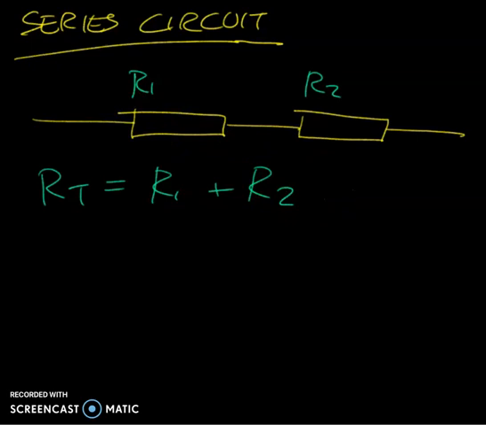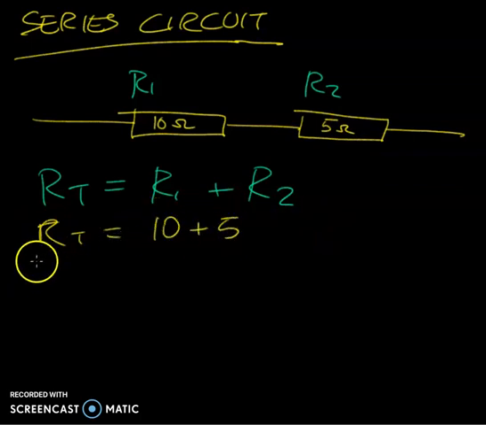So let's say that R1 is 10 ohms and R2 is 5 ohms. So our formula RT equals 10 plus 5, which means RT equals 15 ohms. Okay, nice and straightforward. We can then look at how Ohm's law works in this circuit.